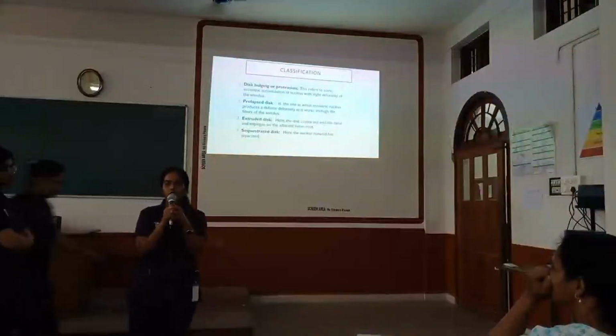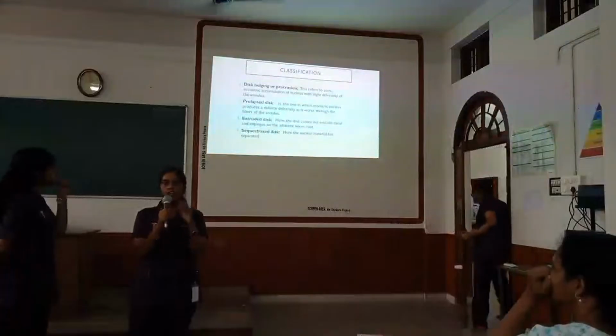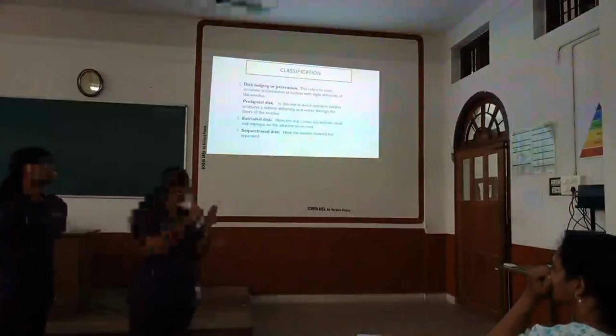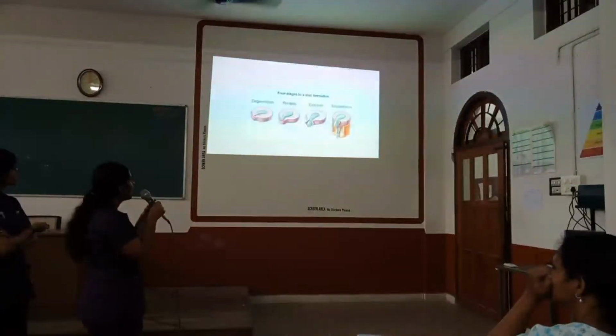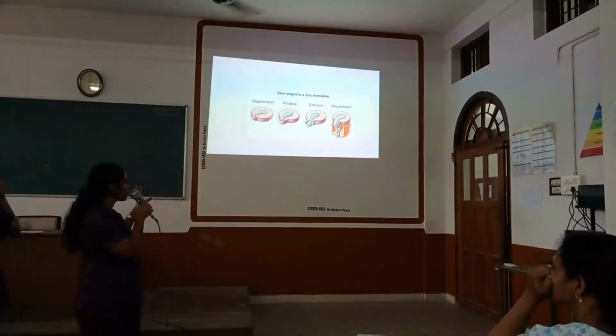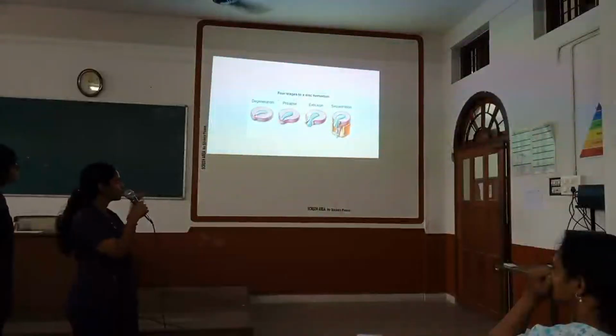Then classification: stages of an IVDP. There are basically four stages. The first is degeneration or bulging, where only bulging takes place. The second is prolapse, where the deformity has taken place.